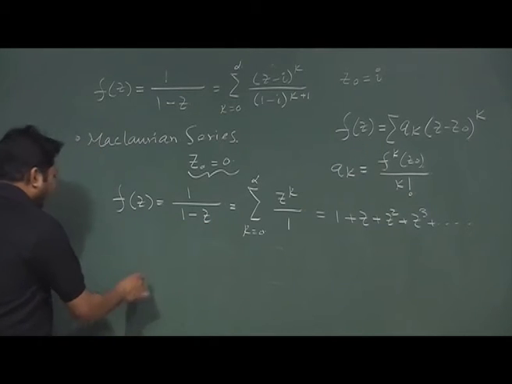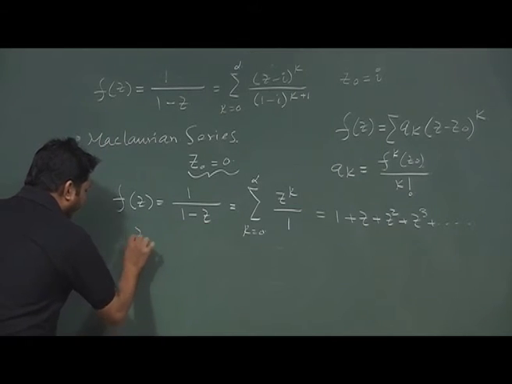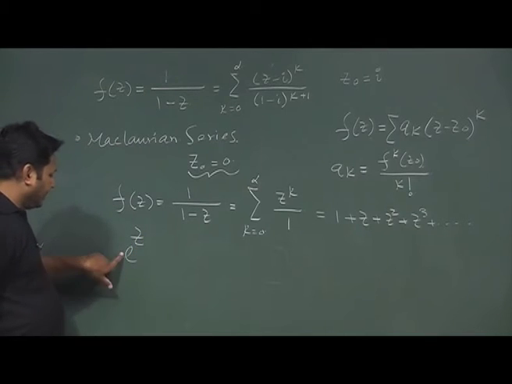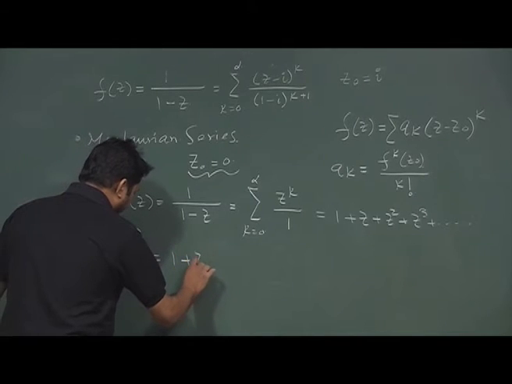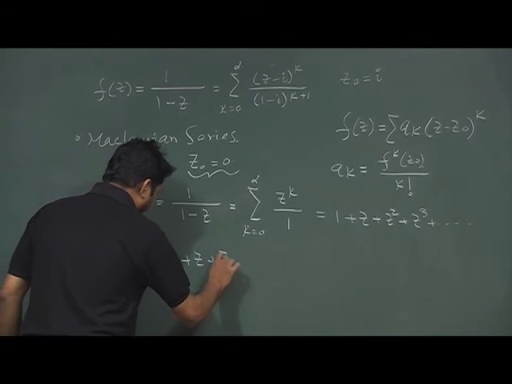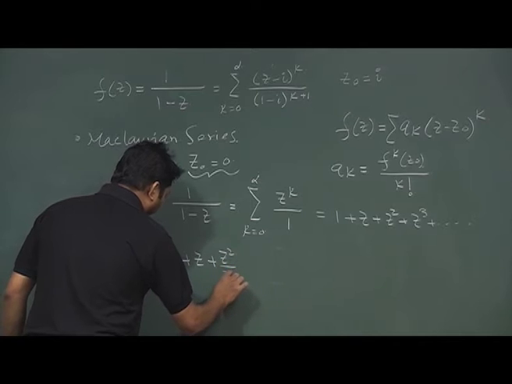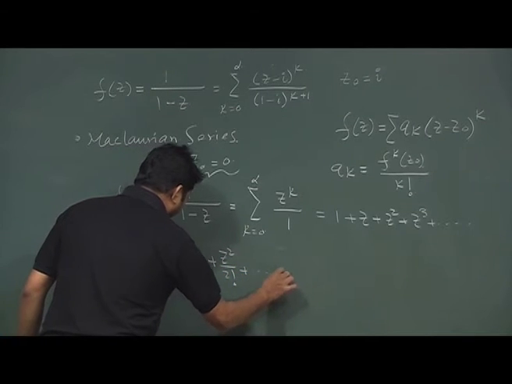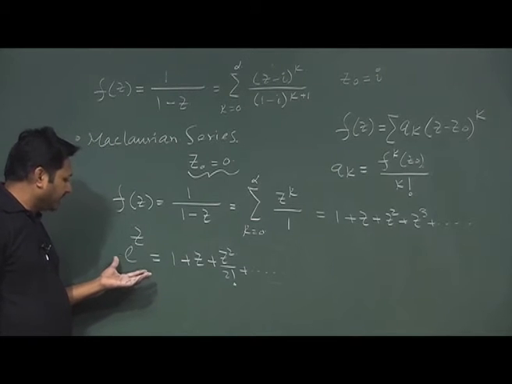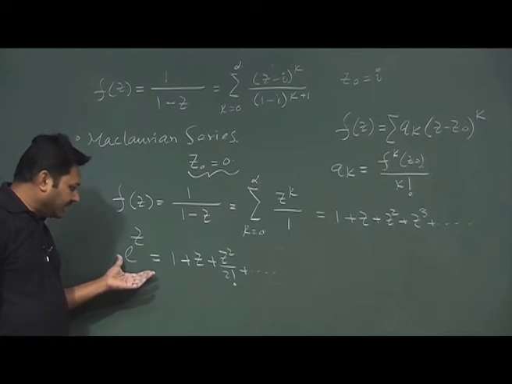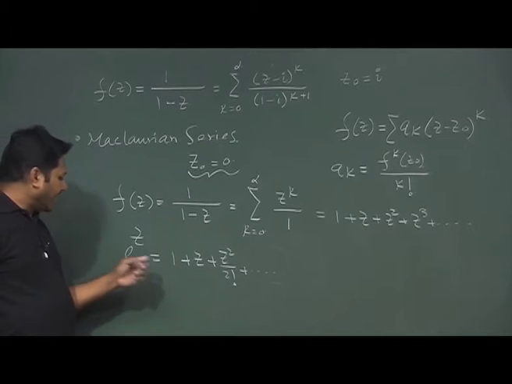In a similar way, if I take the function e to the power z and expand in Taylor series at z equal to 0, it will be just 1 plus z plus z squared by factorial 2 and so on. This is the expansion of e to the power z, which is nothing but the Taylor series at z equal to 0.